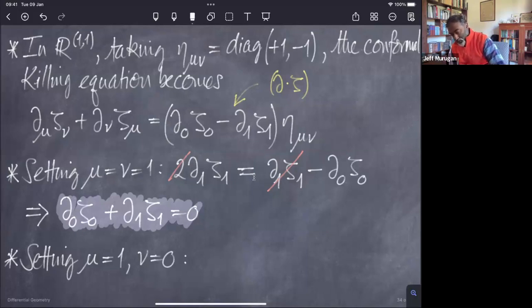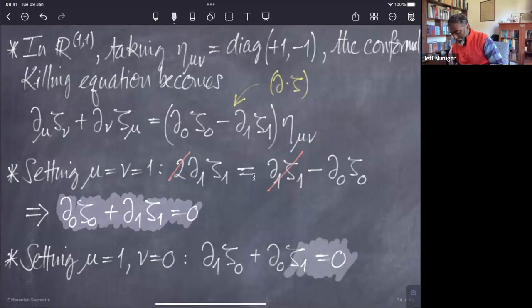And so we learn that d1 zeta naught plus d naught zeta 1 equal to 0. So these are two equations and two unknowns, and we can solve them.